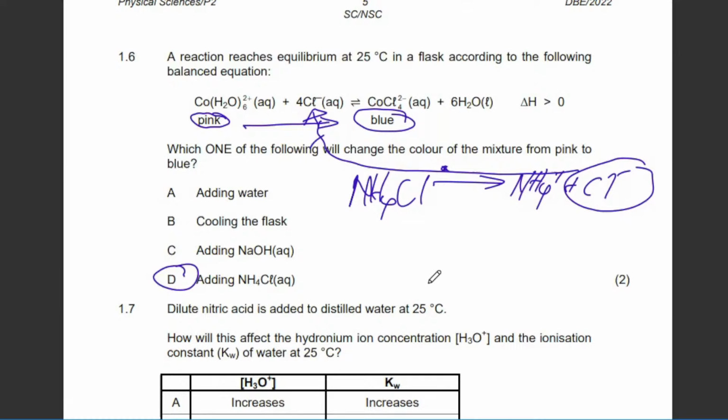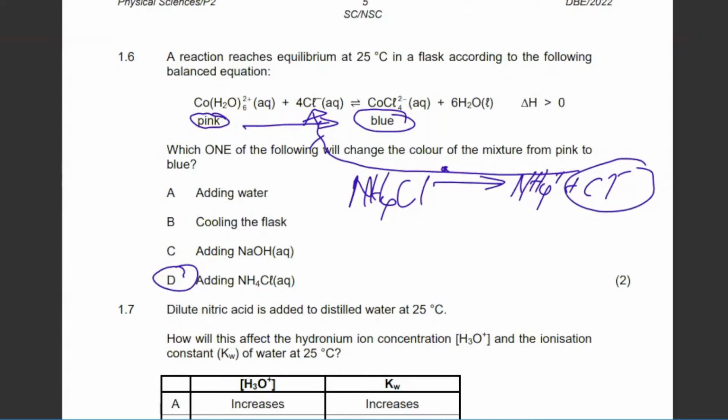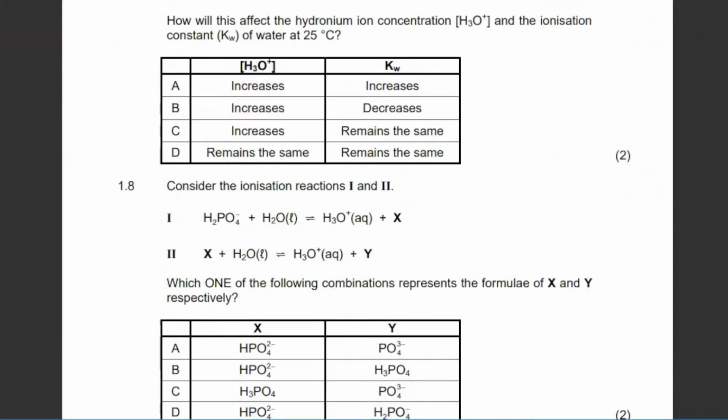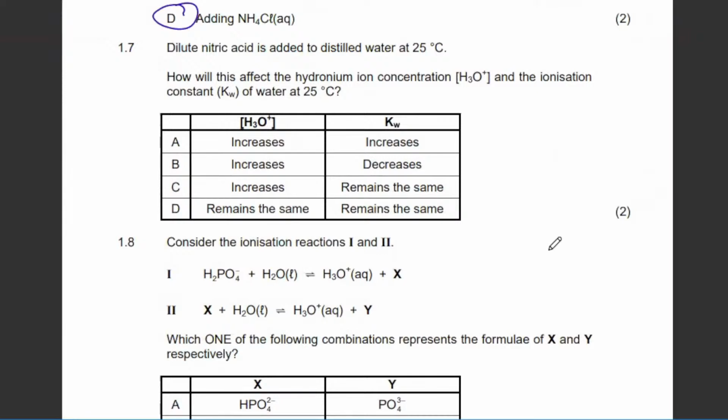1.7, they're saying that dilute nitric acid is added to distilled water at 25 degrees C. Then they're saying, how will this affect the hydronium ion concentration and the ionization constant, that is Kw?